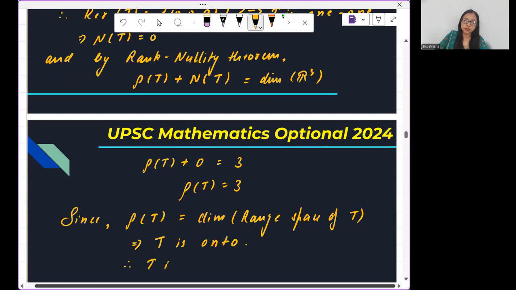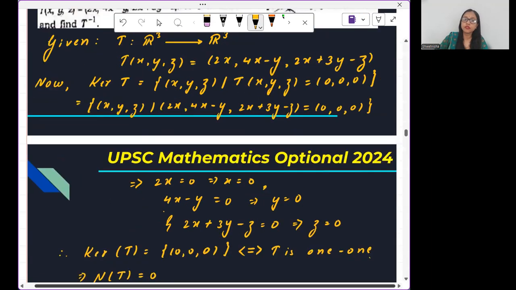It implies T is onto, which proves that T is invertible. Therefore, T is invertible. But looking at the second part of the question, this complete theory not only wastes your time, it also wastes space. So this is the correct way, but just to remind you of this concept, I have shown you this alternate way to do the first part.